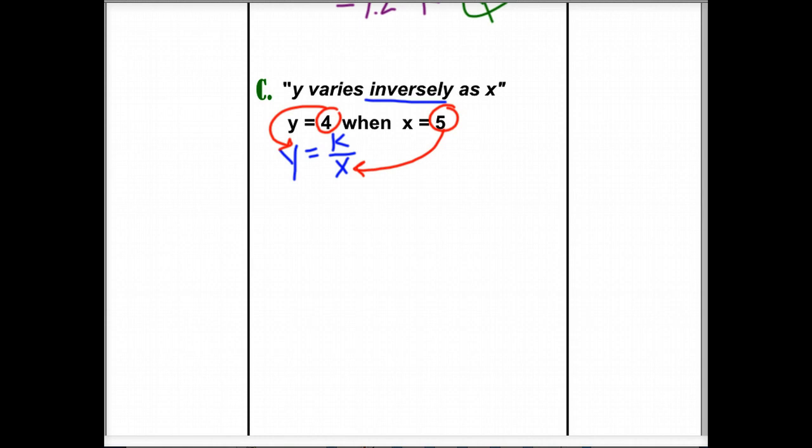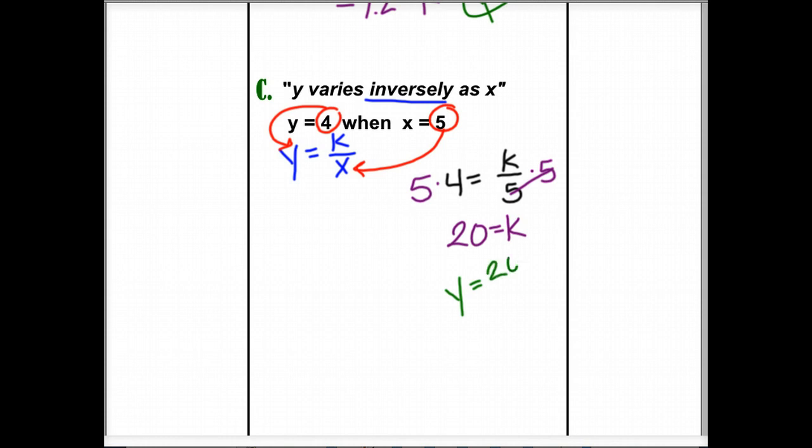And that gives us that 4 is equal to k divided by 5. To solve this, we're going to multiply both sides by 5, giving me k is equal to 20. When I rewrite this, I get my equation of y is equal to 20 over x.